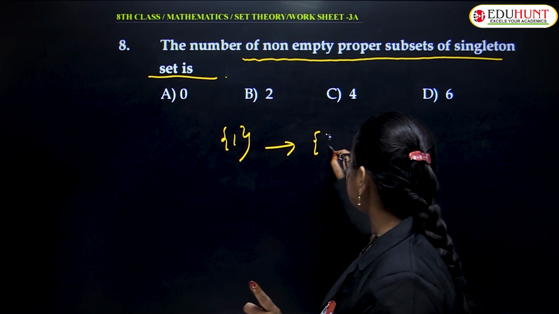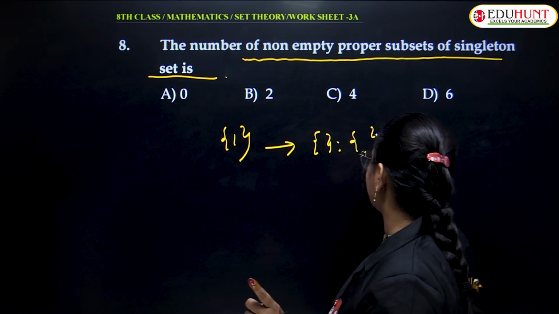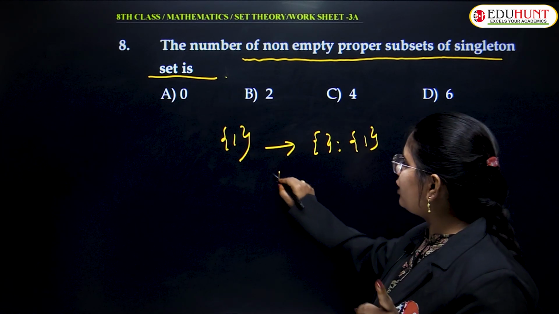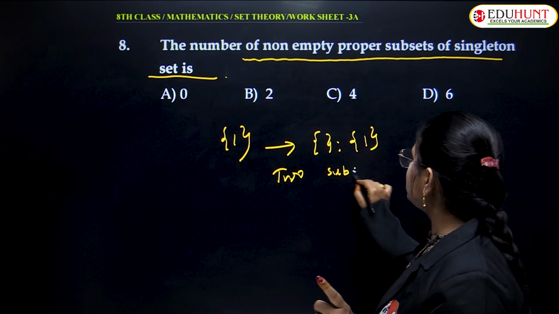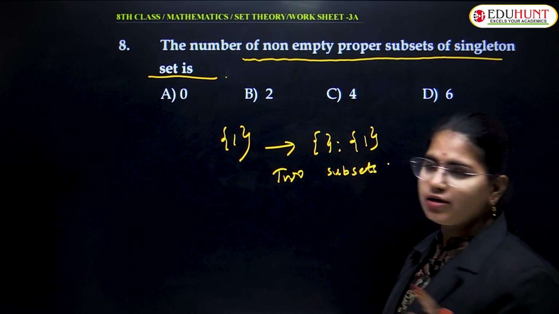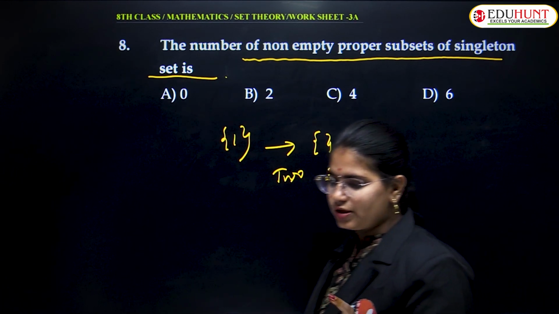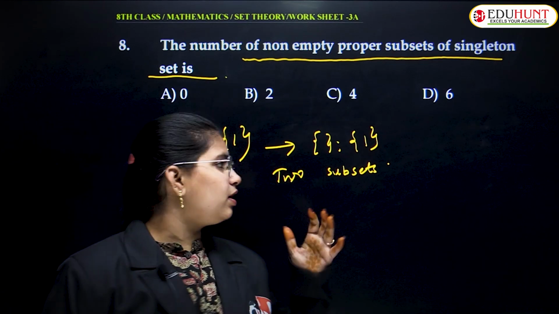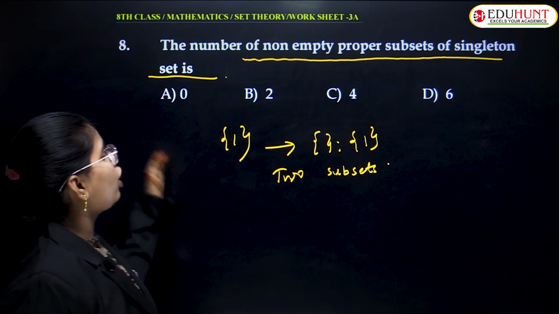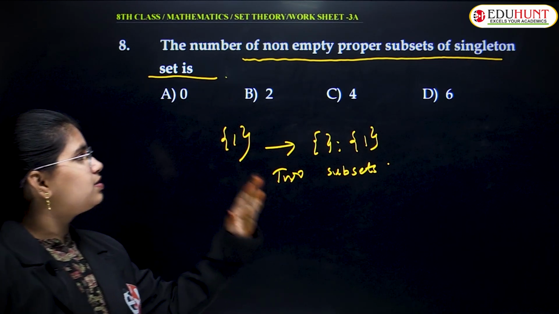One is the null set and the other one is itself, correct? So you will have at most two subsets, correct? In that case, we are finding the total number of non-empty proper subsets.